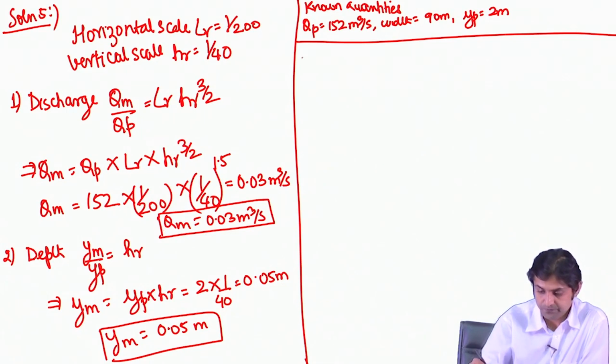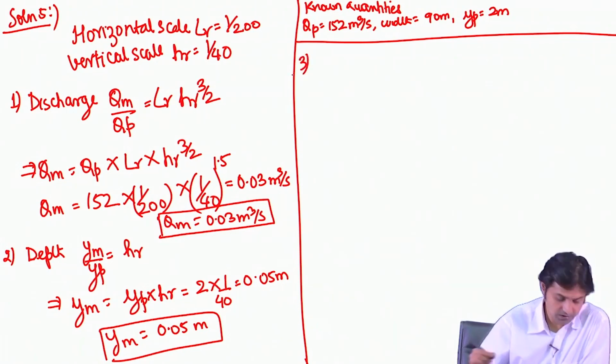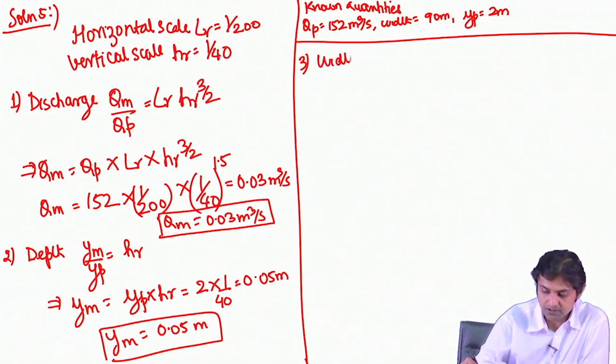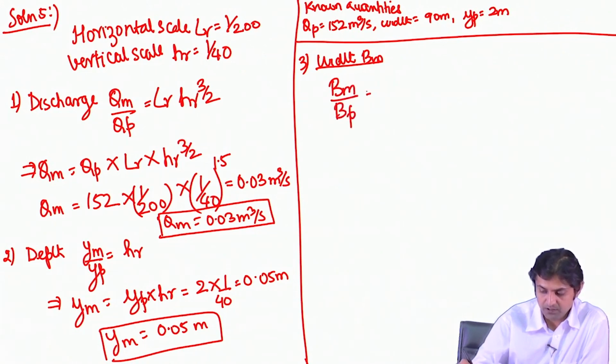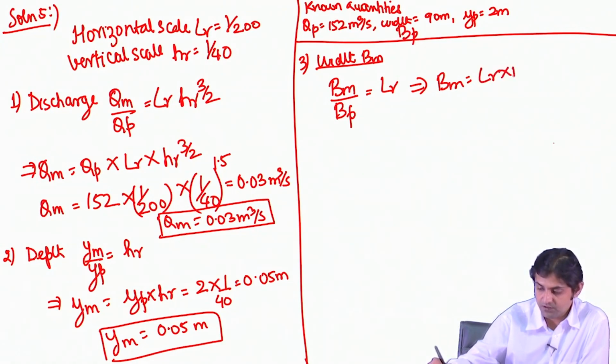Now the third thing is width Bm, which we have to find. Bm by Bp is the length ratio, so Bm is Lr into Bp.